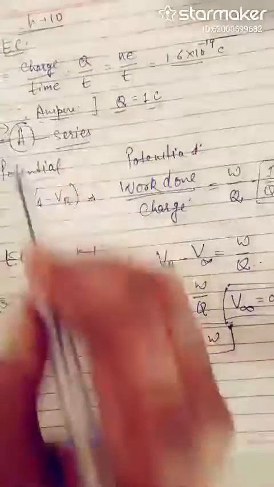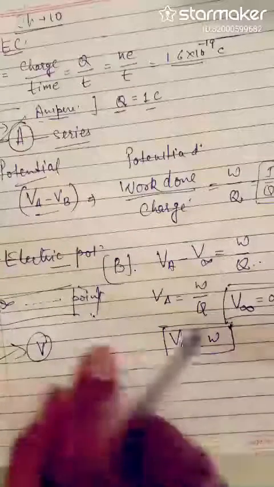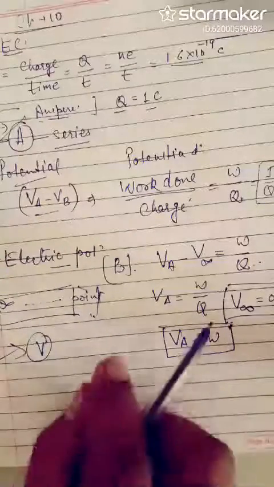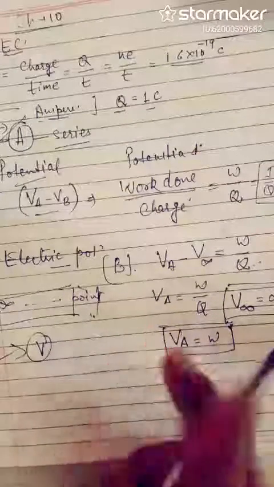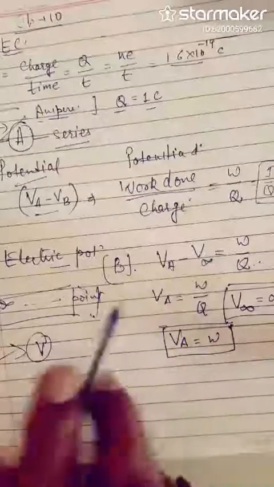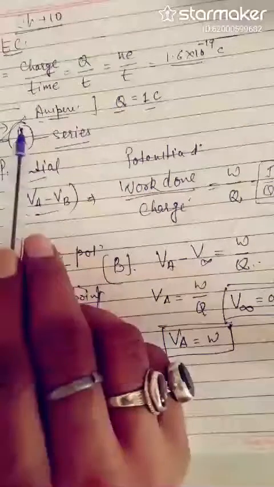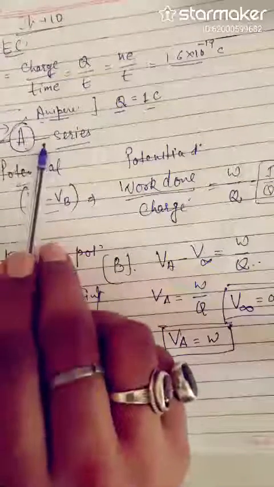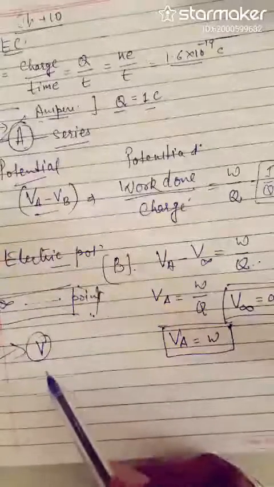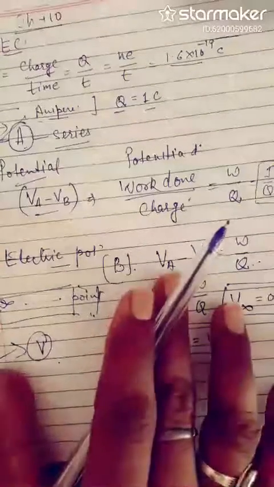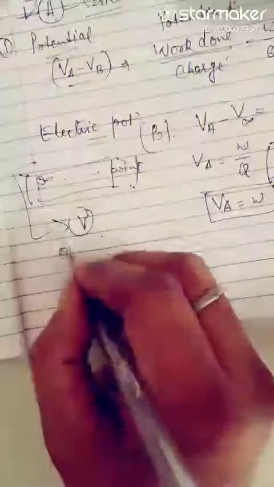Here we took an ammeter, and now we take a voltmeter, another device used to measure the electric potential. A voltmeter is connected in parallel between the 2 points across which the potential difference is measured. So ammeter is used to measure electric current, and voltmeter is used to measure electric potential.